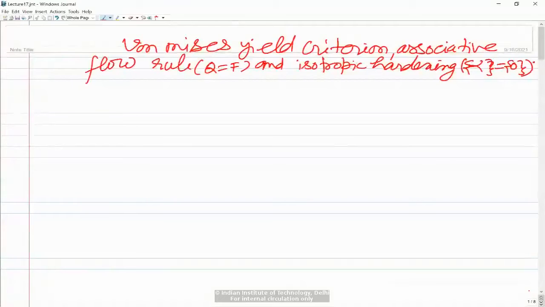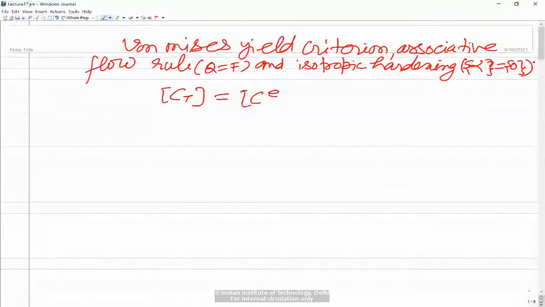The moment we have this associative flow rule Q equal to F, and alpha is 0, that is isotropic hardening, then Ct will be equal to the elastic constitutive matrix C minus 1 upon A into del F by del sigma.